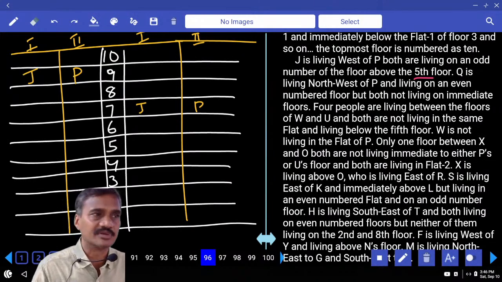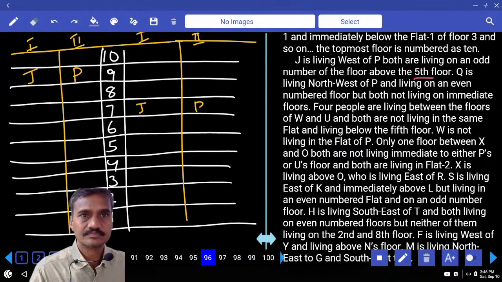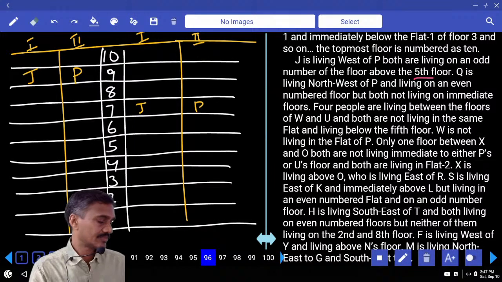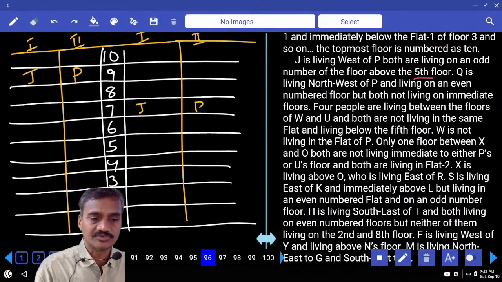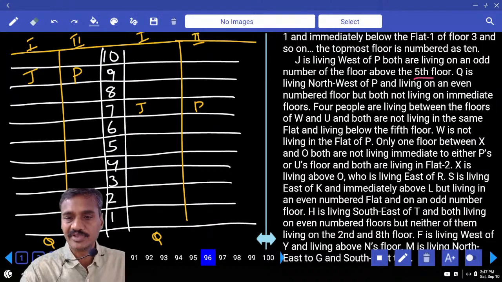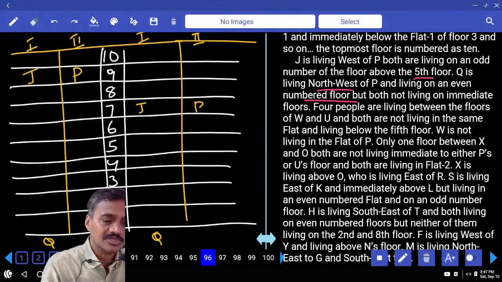Q is living northwest of P, and Q is northwest of P. Yes, Q towards northwest of P, and living on the floor, but both are not living on immediate floors. Tell me where Q is, and Q can be either 2, 4 or 6 in the first case.